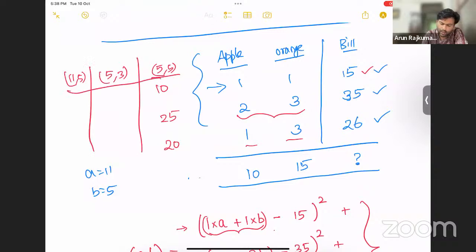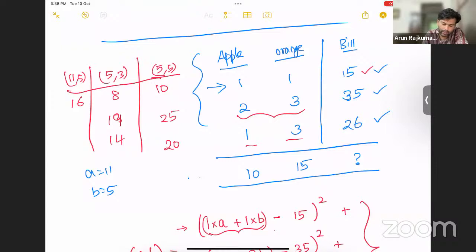If you do 5, 3 on day 1, I would predict 5 plus 3, 8. Day 2, I'll predict 10 plus 9, 19. On day 3, I'll predict 5 plus 9, 14. Whereas if you go with Sai Durga's guess, 11 and 5, on day 1, I'll predict 16.